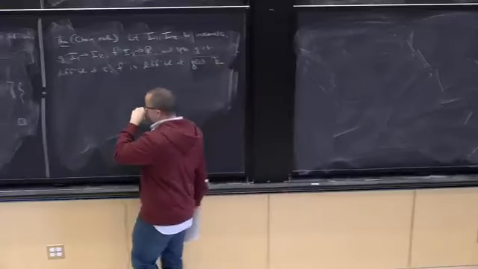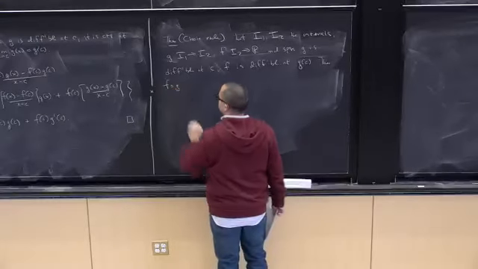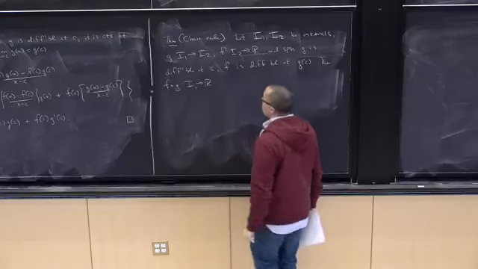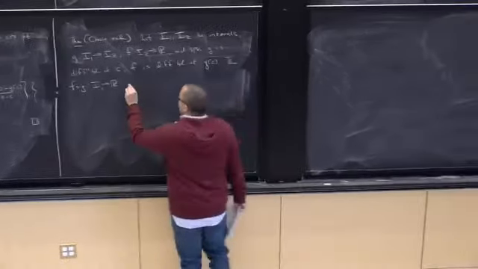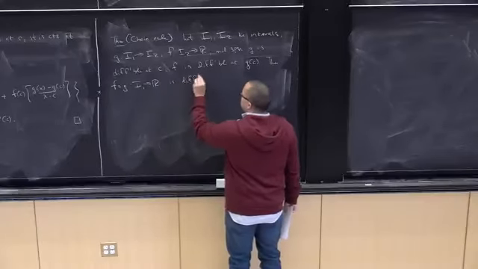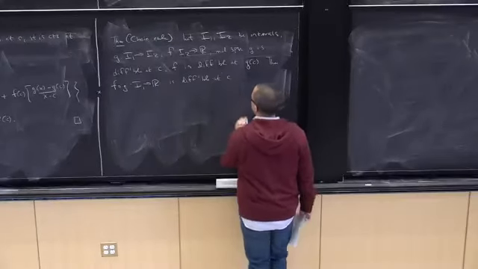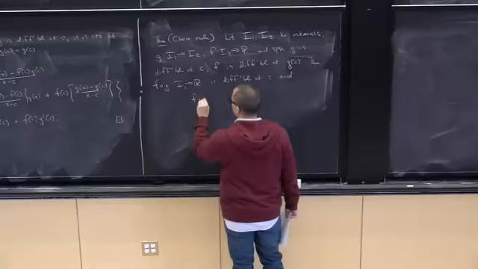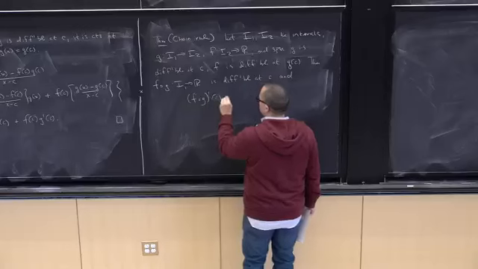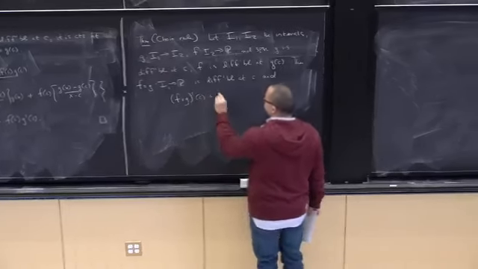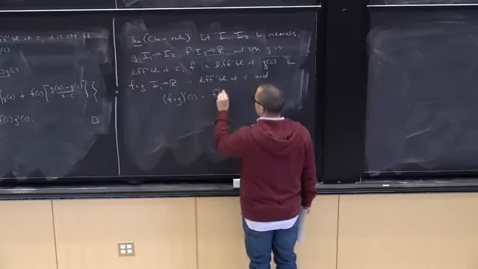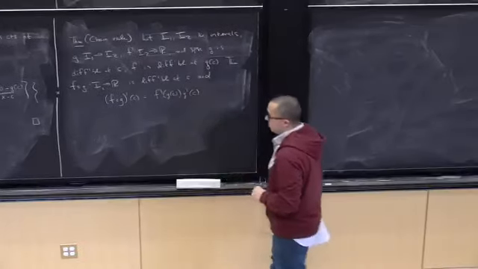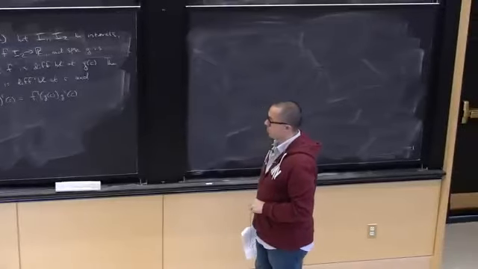Then the function f of g, which now goes from I1 to R, is differentiable at c, and the derivative equals f prime of g of c times g prime of c. Okay?